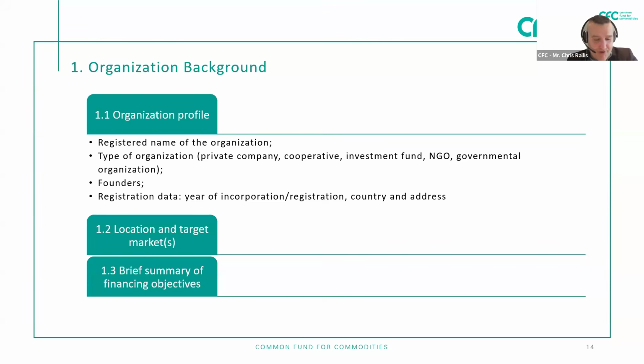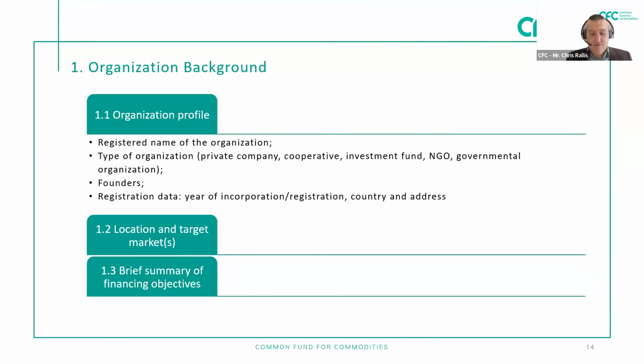Now, the third principle that we have in the CFC, and that's the first thing that actually is super interesting for you, is the tenure of CFC financing. In principle, the CFC enters only long-term partnership agreements with its applicants.